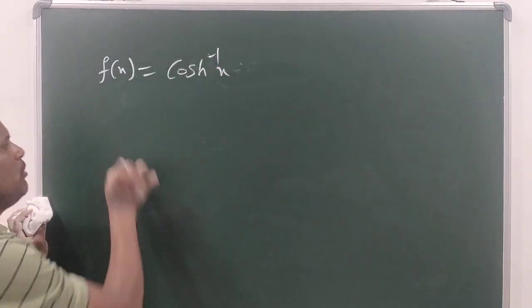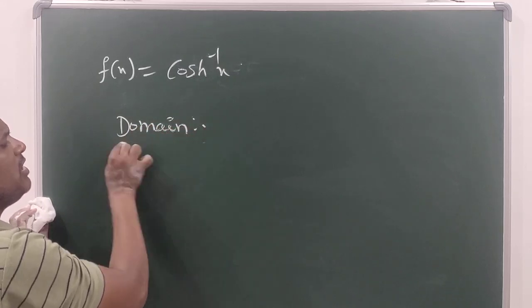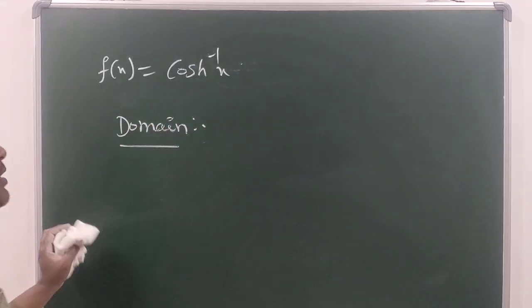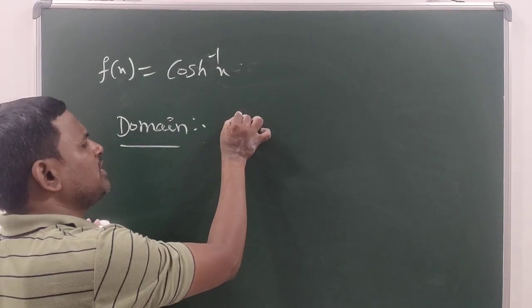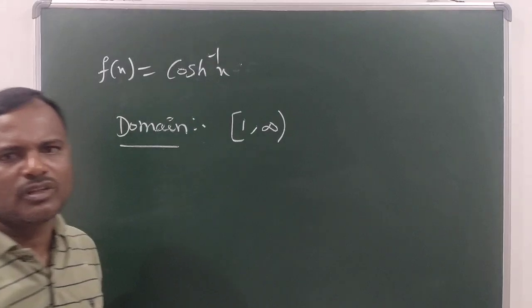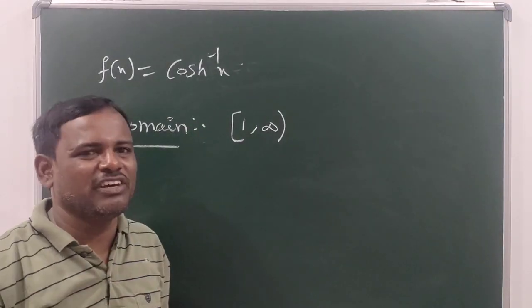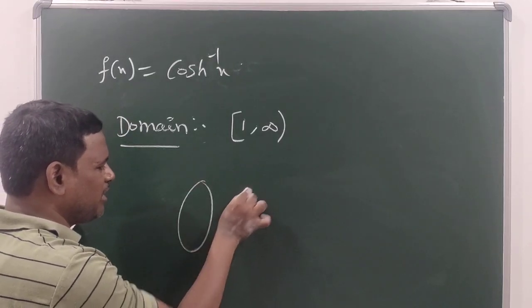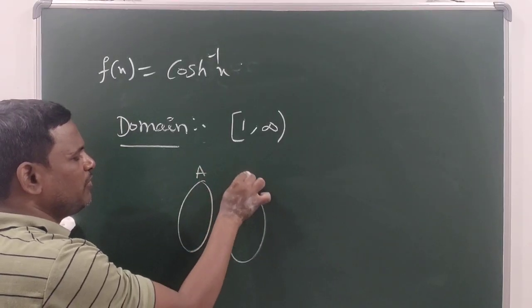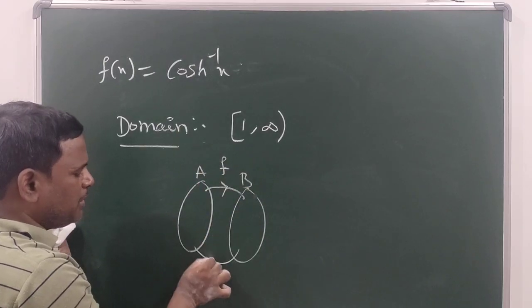Tell me its domain. The inverse function domain is the closed interval of 1 to infinity. Previously this was the range for cos hx, but when you go to its inverse, as I have discussed many times, if f is a bijective function from a to b, then inverse is possible.